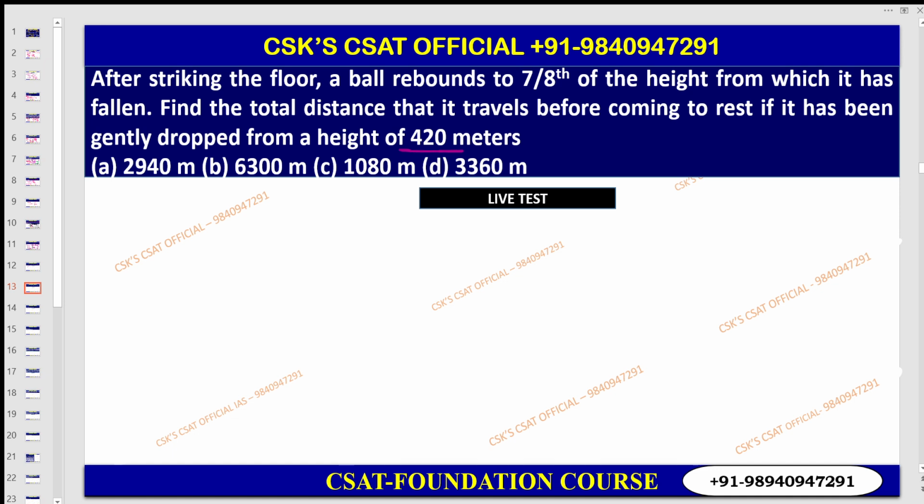After striking the floor, a ball rebounds to 7 by 8 of the height from which it has fallen. Find the total distance that it travels before coming to rest if it has been gently dropped from a height of 420 meters.